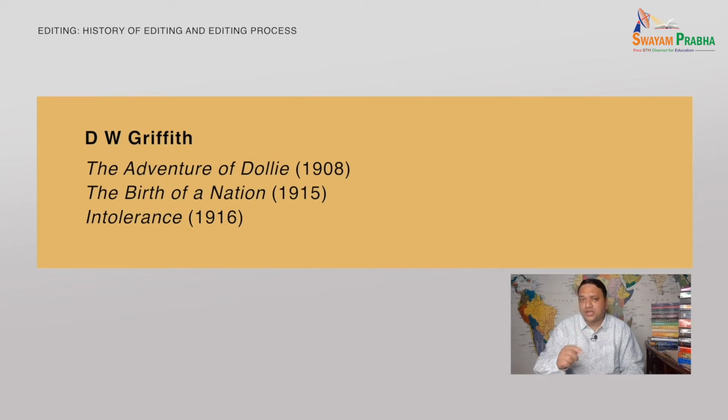The Birth of a Nation, which was released in 1915, was the culmination of all the Griffith cinematic and editing techniques. In his next film, Intolerance, which was released in 1916, he intercut among four separate narratives.